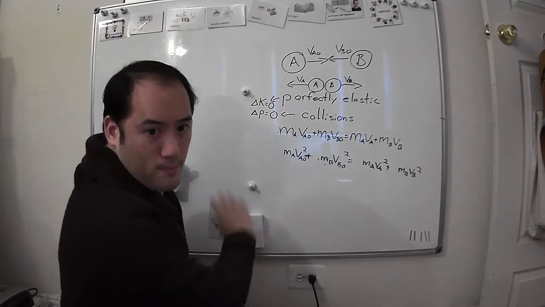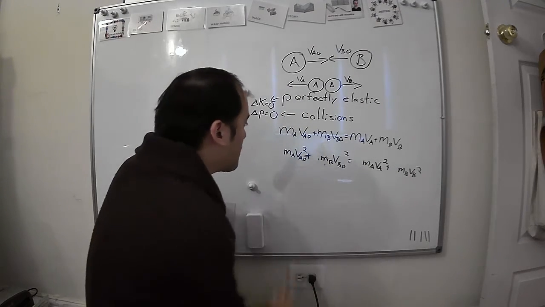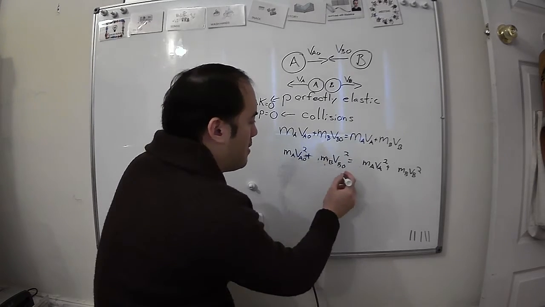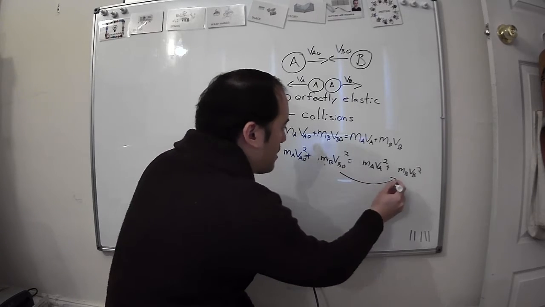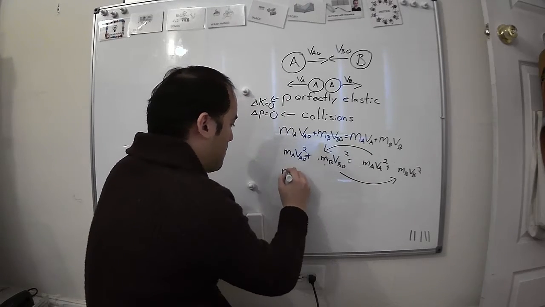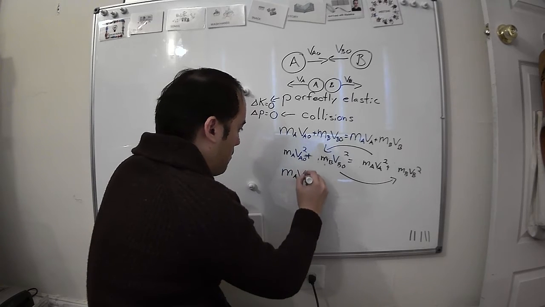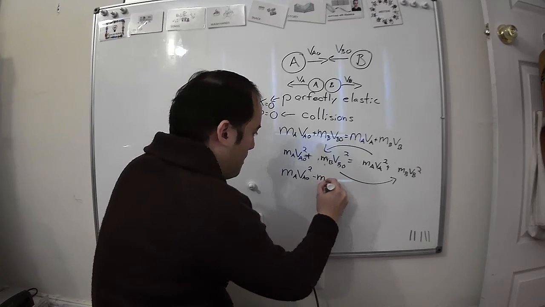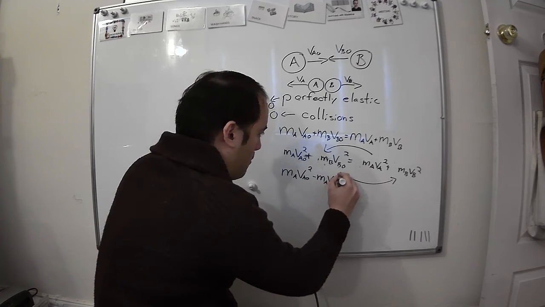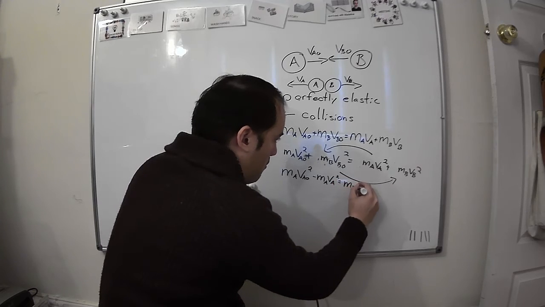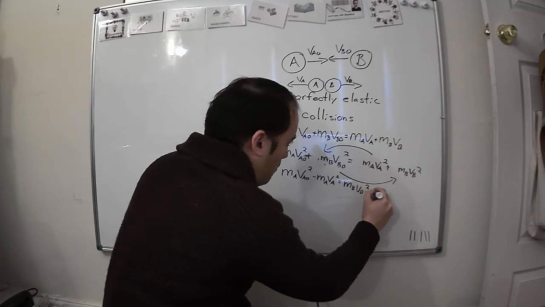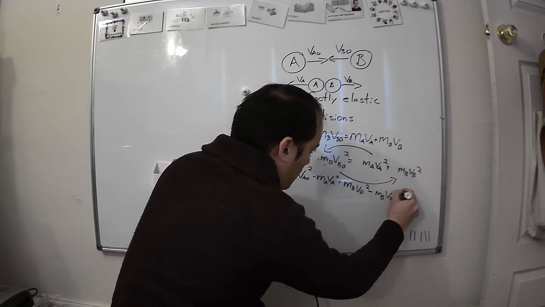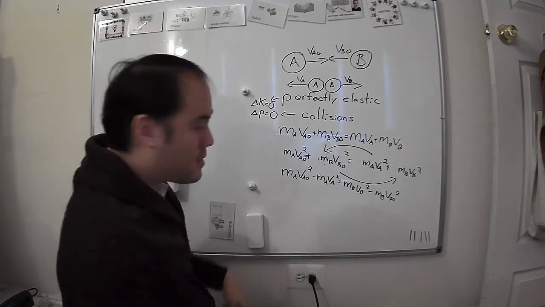Basically, I multiply both sides of the equation by 2. Okay. Move this over here, move this over here. You won't be asked about this on the test.